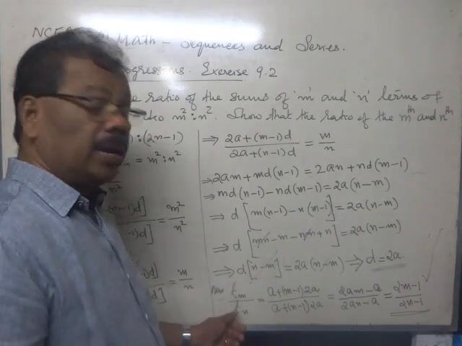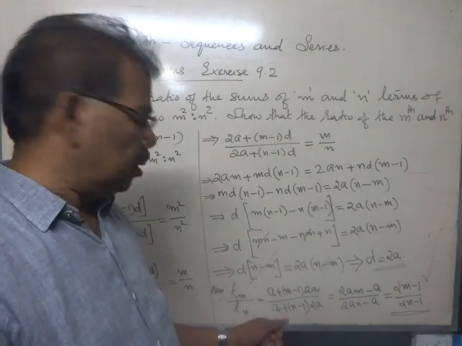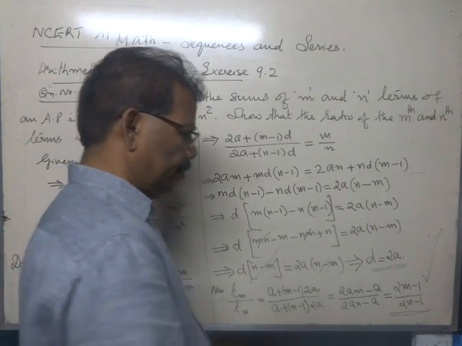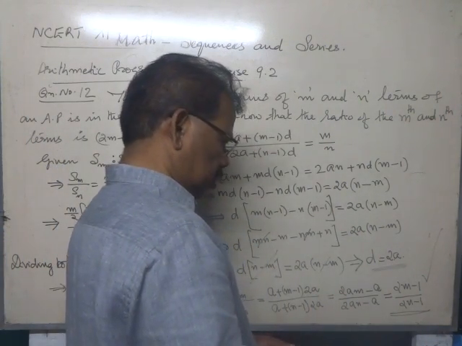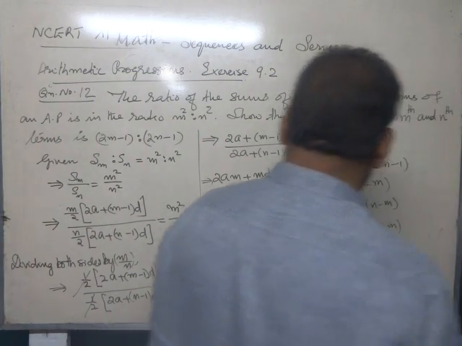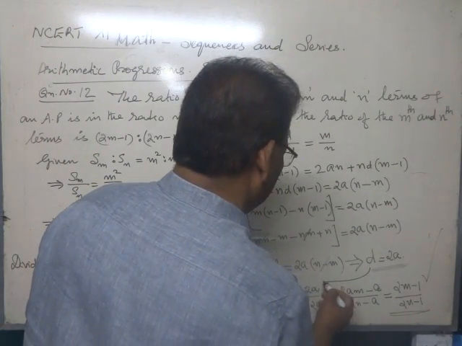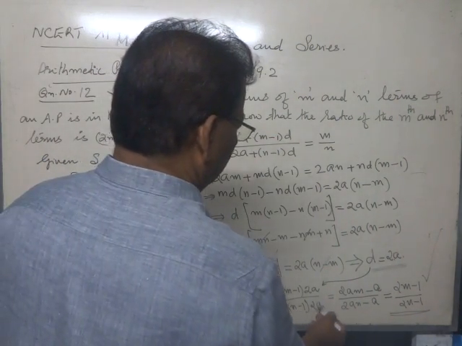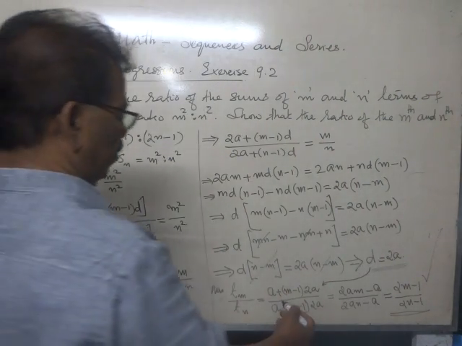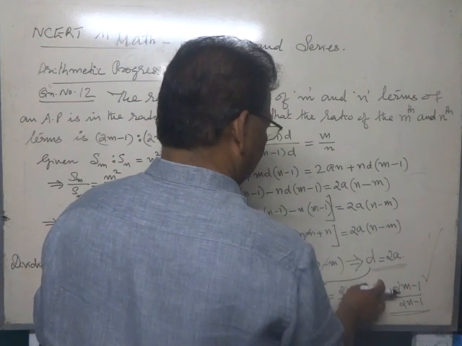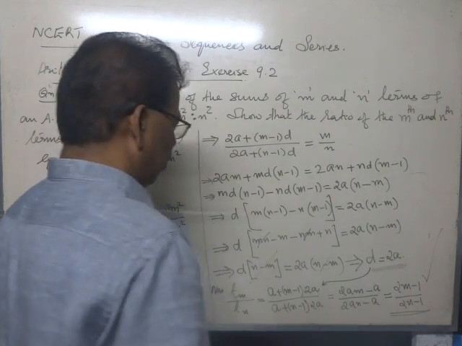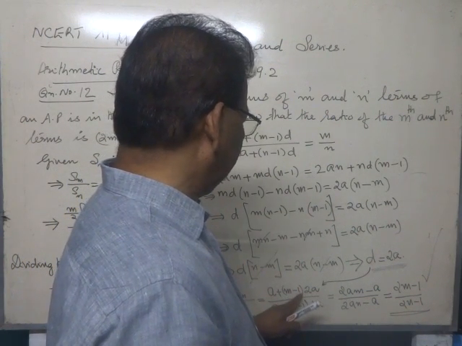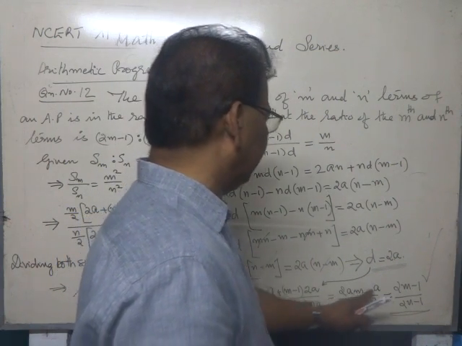Then we have to get the ratio Tm is to Tn. Tm is a plus m minus 1 d, where d equals 2a. Then Tn is equal to a plus n minus 1 into d, that is 2a. Expanding, 2am minus 2a plus a, that is 2am minus a.